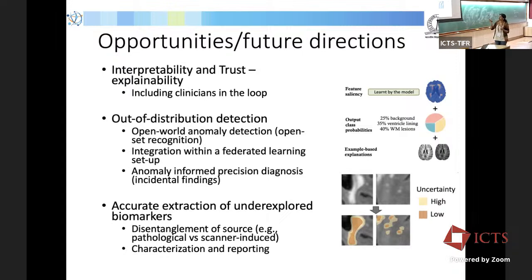So another aspect of interpretability is uncertainty. If your model is giving results, how certain is it in the different regions of the pathology itself? Usually the model is very certain in the middle part. Only along the boundaries, it doesn't know where exactly to place that boundary because it's blurred out, right? In most of the modalities, it's blurred out. And the lower the resolution is, the blurring is going to be more.